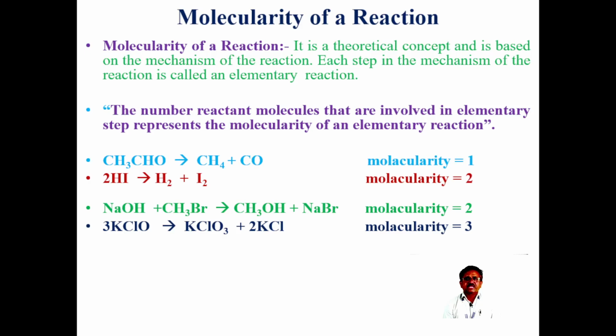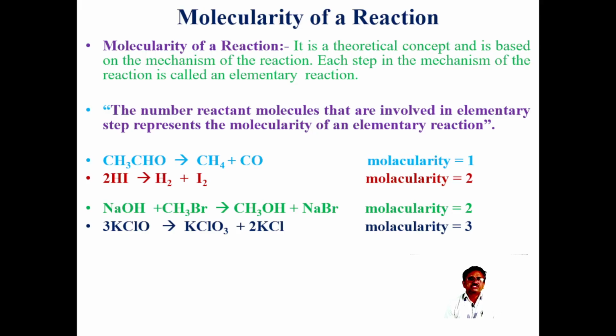For example, in CH3CHO gives CH4 plus CO, only one molecule of CH3CHO takes part in the reaction, so the molecularity is 1. In 2HI gives H2 plus I2, two molecules of HI are decomposed to give H2 plus I2, so the molecularity is 2.